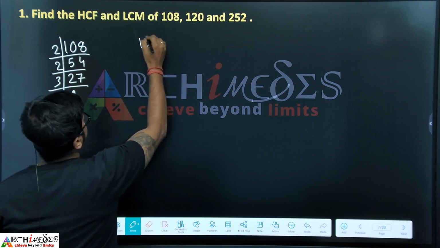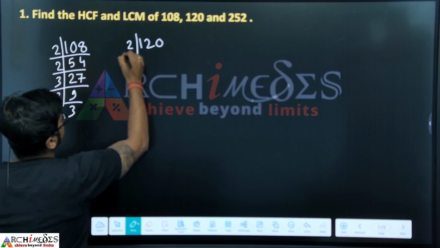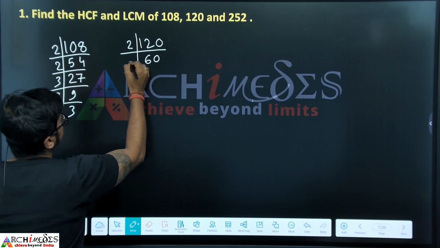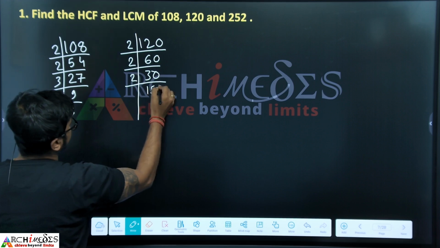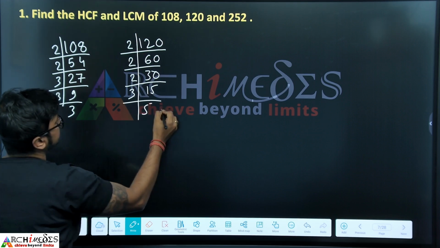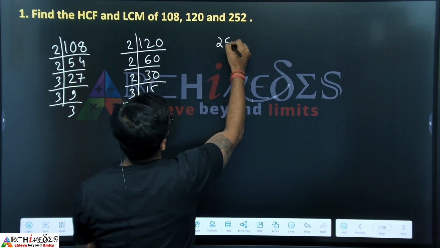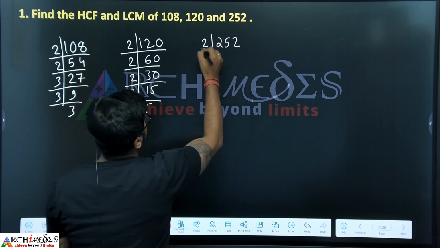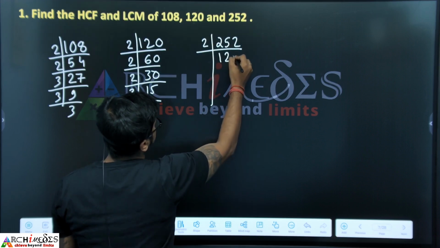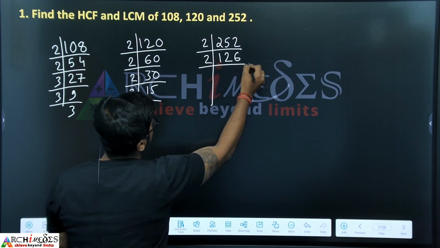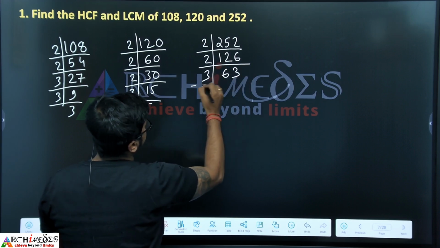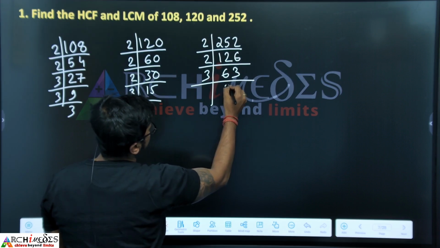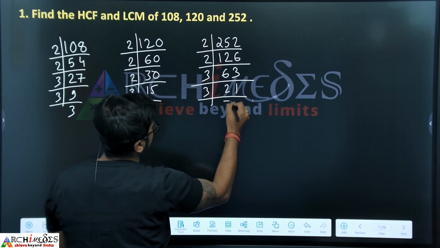Similarly, 120: 2 into 60, 2 into 30, 2 into 15, 3 into 5. Clear? Okay, 252: 2 into 126, 2 into 63, 3 into 21, 3 into 7. Am I clear?